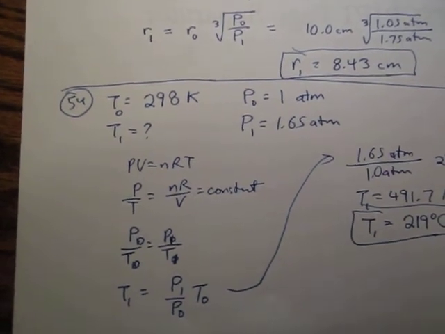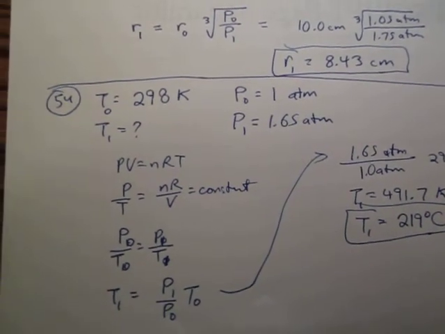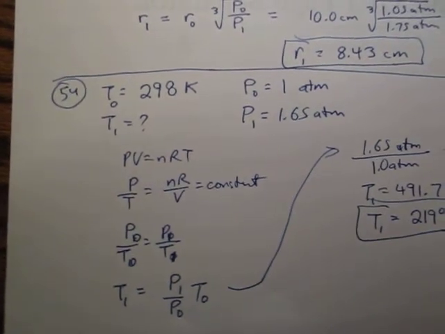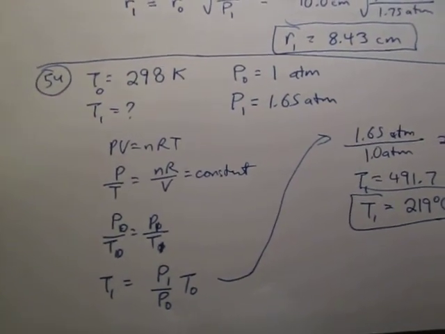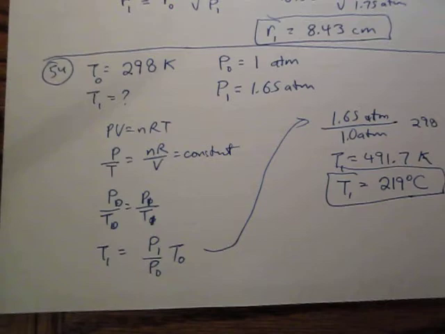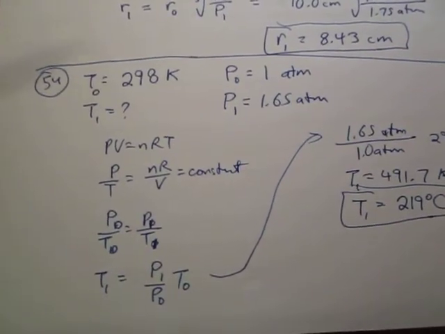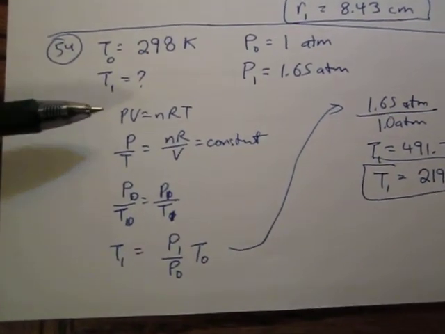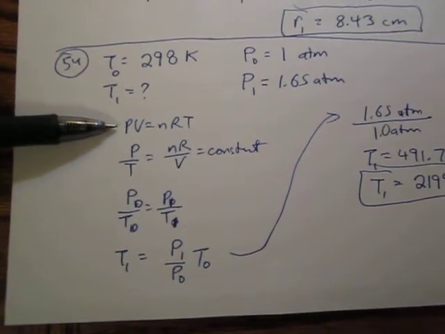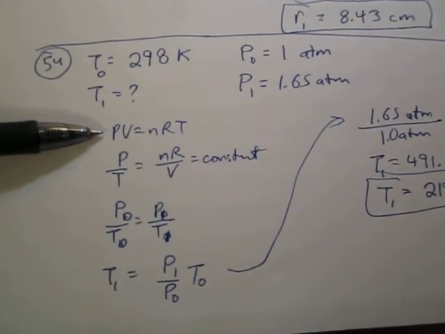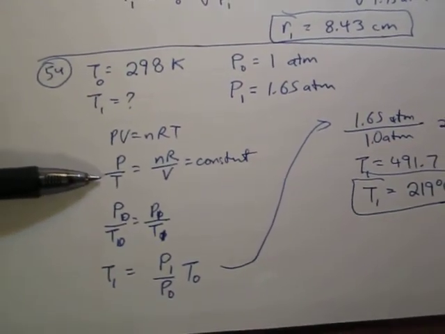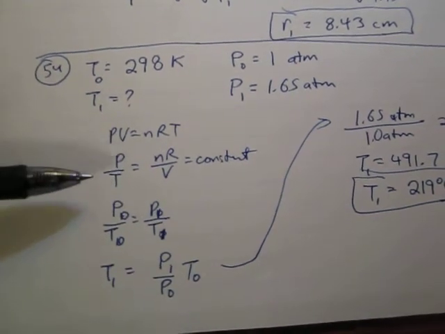Number 54, closed flask, temperature at 298 Kelvin, pressure at 1 atmosphere. What is the new temperature when the pressure is changed to 1.65 atmospheres? The trick I showed in problem number 53. Take PV equals nRT, but isolate to the left-hand side the things that vary, and to the right-hand side the things that are constant.